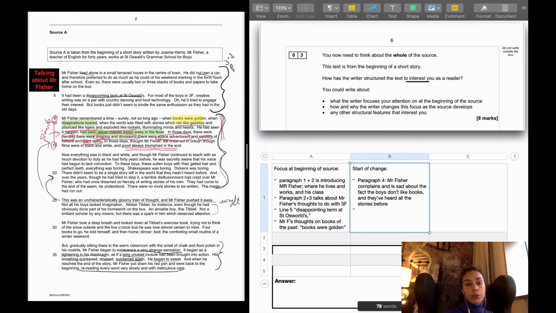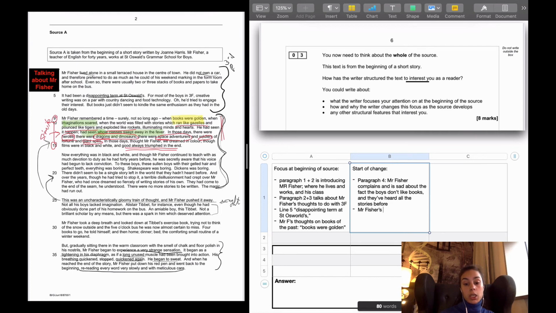So here you can also talk about how you start to see how sad Mr. Fisher is, because in paragraph 3 here we can see that Mr. Fisher loves books. He thinks they're great and he had a different experience of learning about books. So here you can see the change where you've got Mr. Fisher's internal thoughts. We can write a note about that.